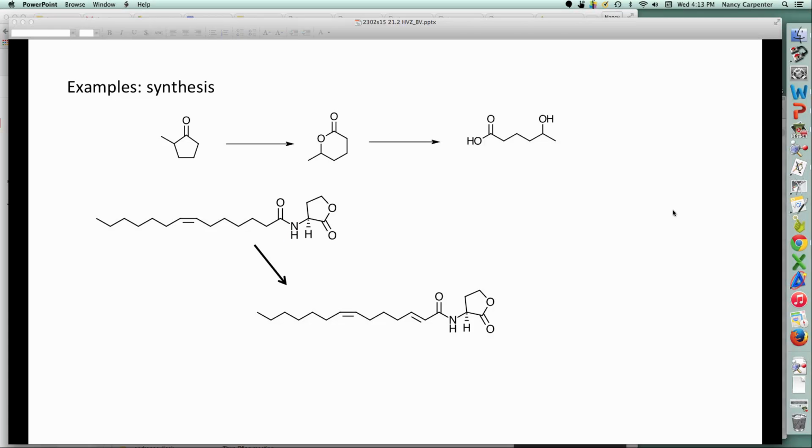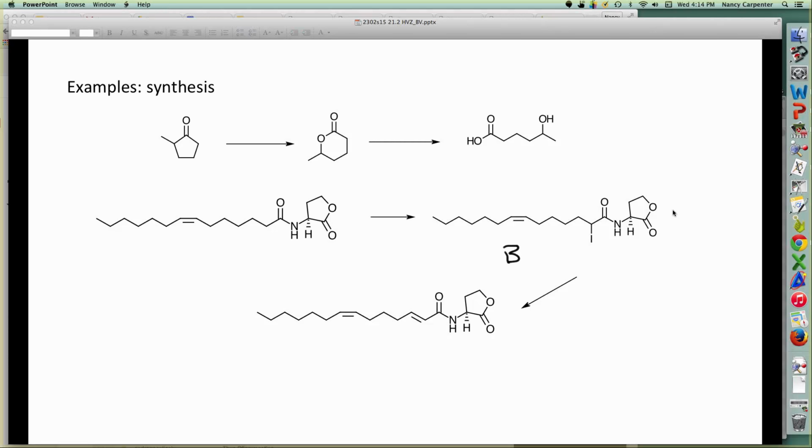So how did they do it? HVZ, the Hell-Volhard-Zelinsky reaction. They managed to make the alpha iodo compound, which they then used to undergo an elimination reaction.